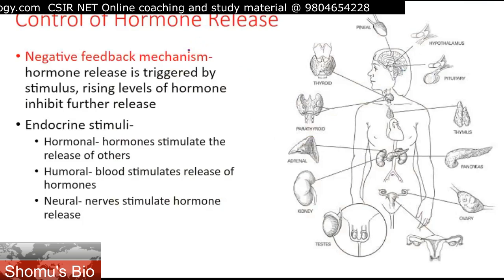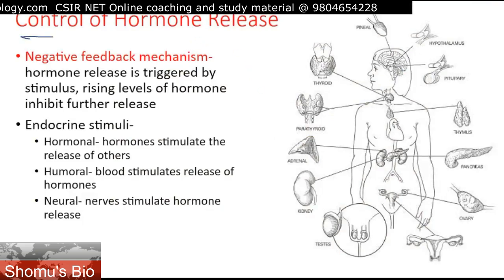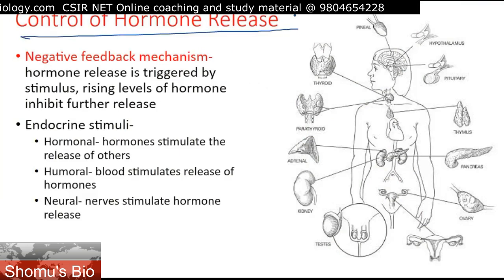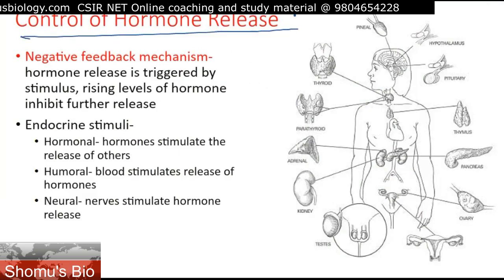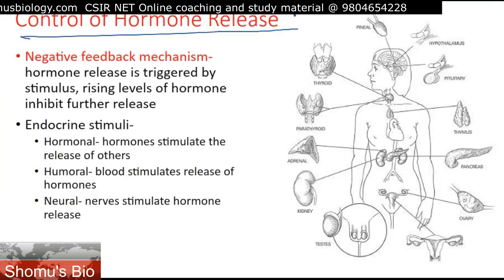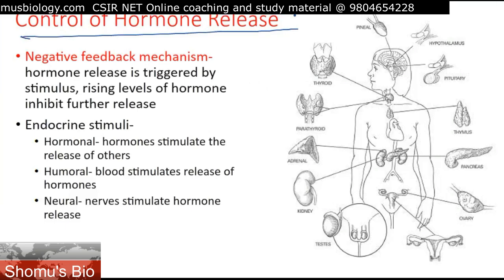Control of hormone release. All the hormones that we saw, all the hormones secreted by the pituitary gland as well as the others, their secretion is primarily regulated by the pituitary gland, because it's a master gland.